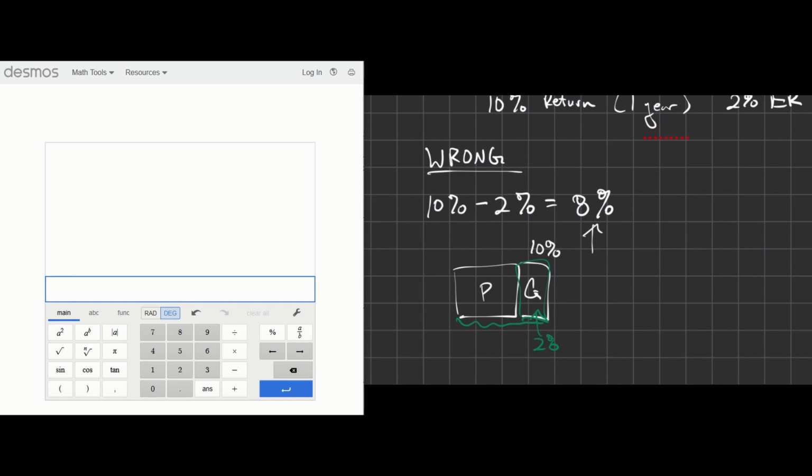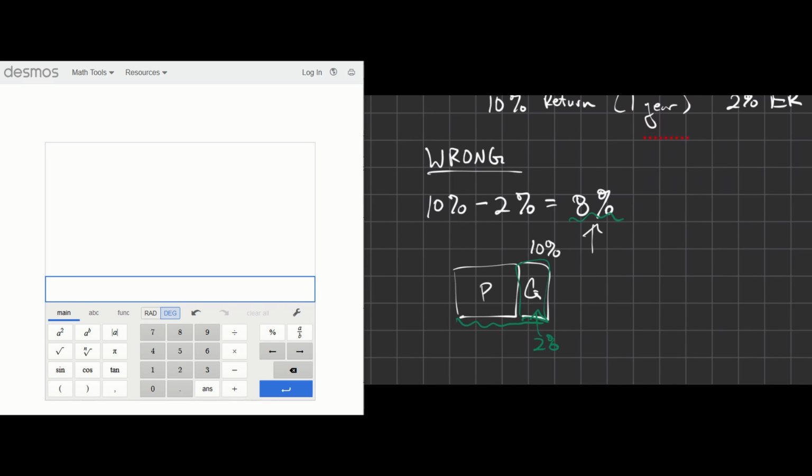So you have to make sure you know how that 2% is being applied. If it is only applied to the growth, then yes, this works. But if it's applied to the net assets that you have, then this is not going to quite work. If you use this calculation, it's an okay estimate, but over the course of a couple of decades, it might mess you up a little bit.